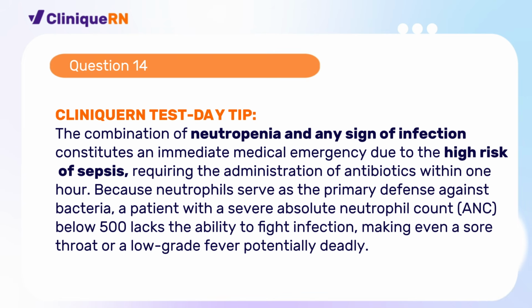Clinique RN Test Day Tip. The combination of neutropenia and any sign of infection constitutes an immediate medical emergency due to the high risk of sepsis, requiring the administration of antibiotics within 1 hour. Because neutrophils serve as the primary defense against bacteria, a patient with a severe absolute neutrophil count below 500 cannot fight infection, making even a sore throat or a low-grade fever potentially deadly.